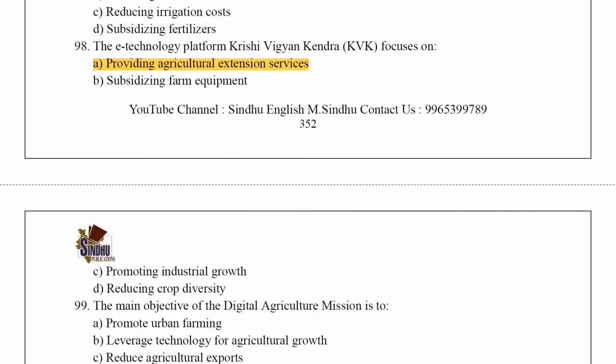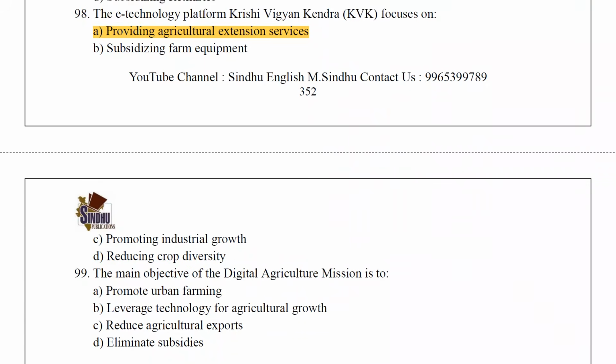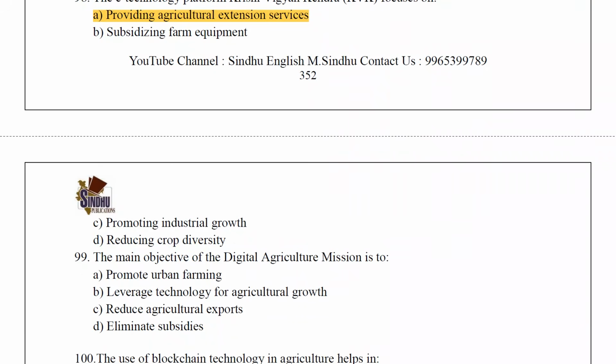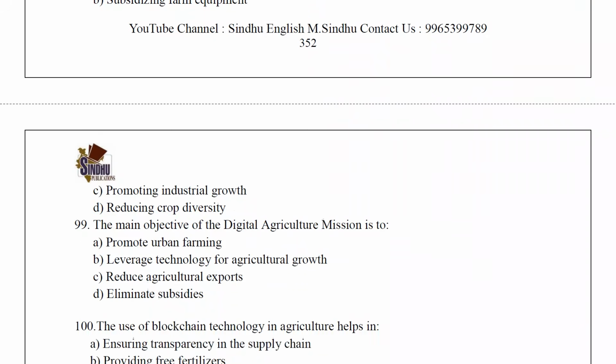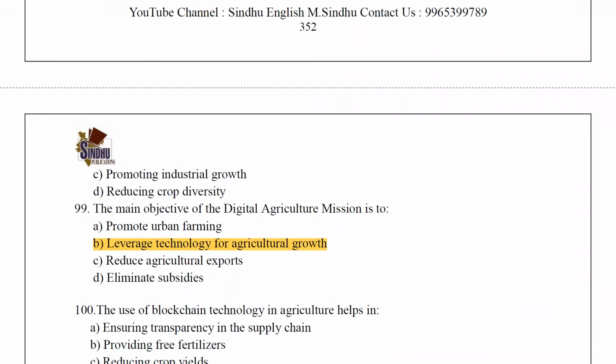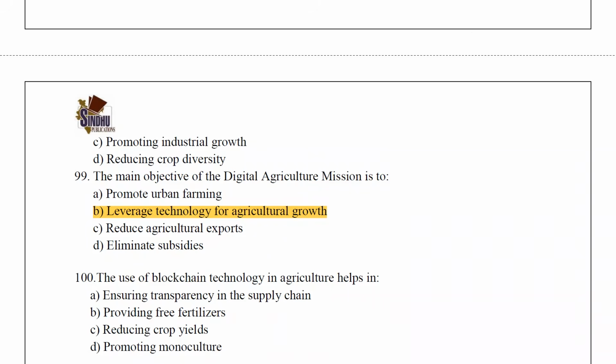The main objective of the Digital Agriculture Mission is to leverage technology for agricultural growth. The use of blockchain technology in agriculture helps in ensuring transparency in the supply chain.